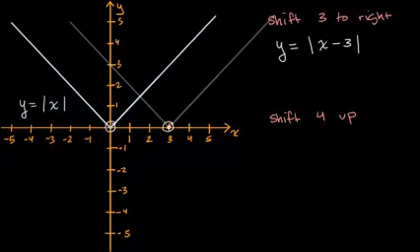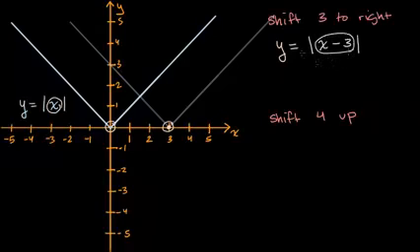At this vertex right over here, whatever was in the absolute value sign was equaling 0. It's when whatever was in the absolute value sign is switching from negative to positive. So once again, if you shift 3 to the right, that has to happen at x equals 3. So whatever is inside the absolute value sign has to be equal to 0 at x equals 3.